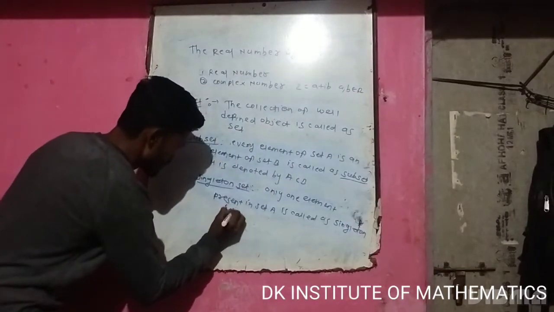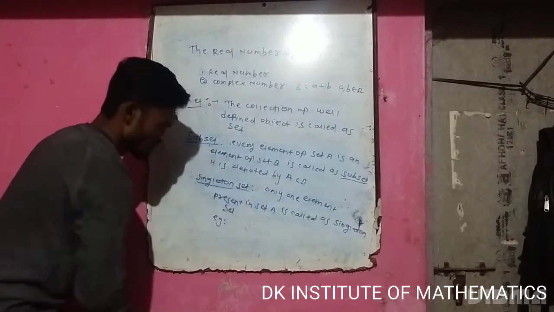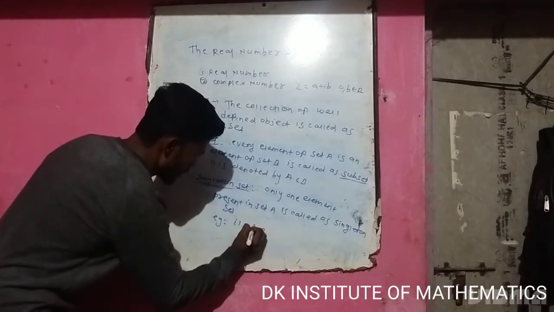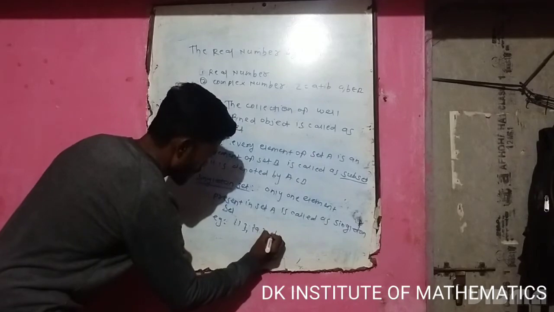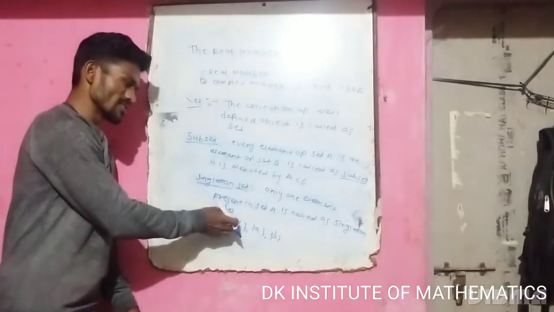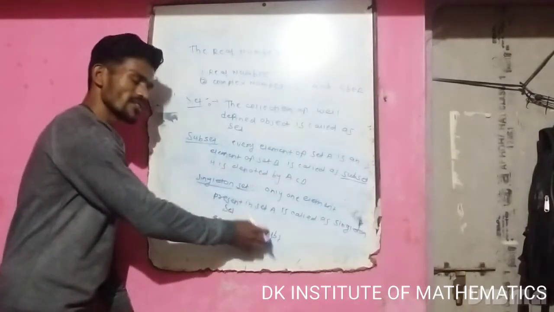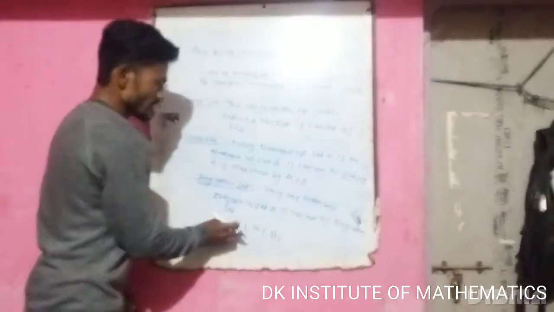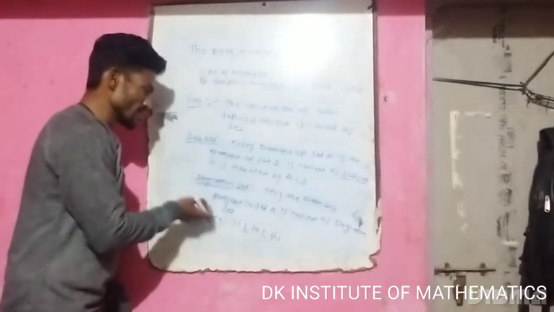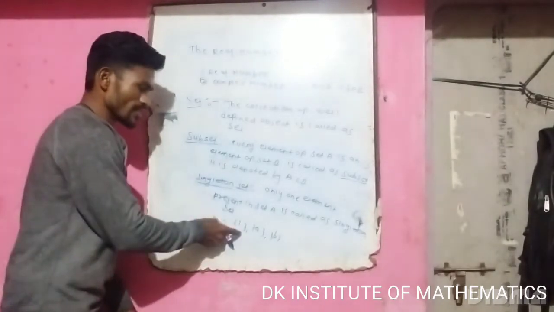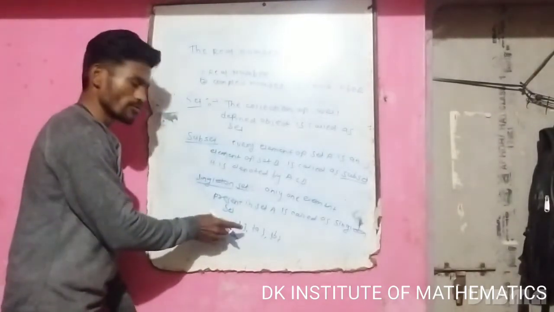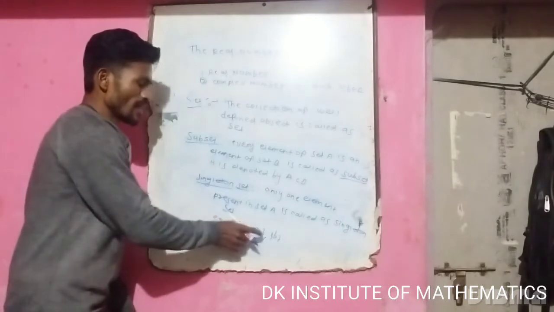For example, {1}, {a}, {b} are singleton sets. In these, only one element is present. In the first example, only one element is present, that is 1. In the second set, only one element is present, small a.